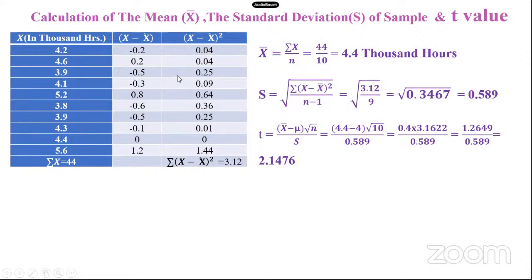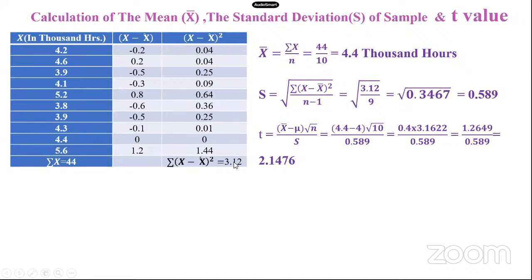Then 0.25, 0.09, 0.64, 0.36, 0.25, 0.01, and 0 into 0 is equal to 0. 1.2 into 1.2 is equal to 1.44. Now take the sum of these squared deviations, and the sum is 3.12.